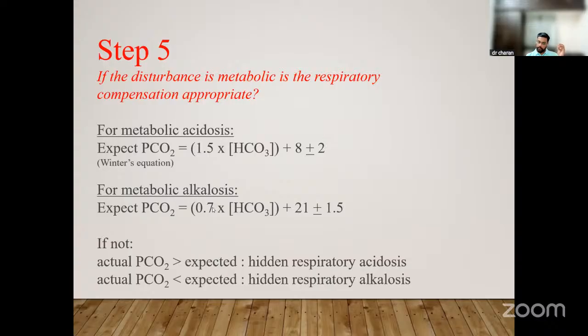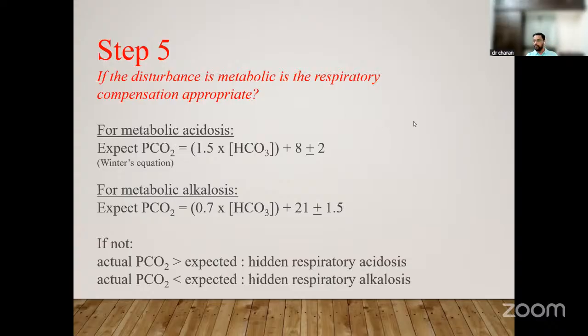These are again formulas which we need to remember. For metabolic acidosis, the expected PCO2 is 1.5 into bicarb plus 8, plus or minus 2. It's called Winter's formula. For metabolic alkalosis, the expected PCO2 is 0.7 into bicarb plus 21. If you substitute the bicarb value here and get the expected PCO2, see the PCO2 in your ABG.